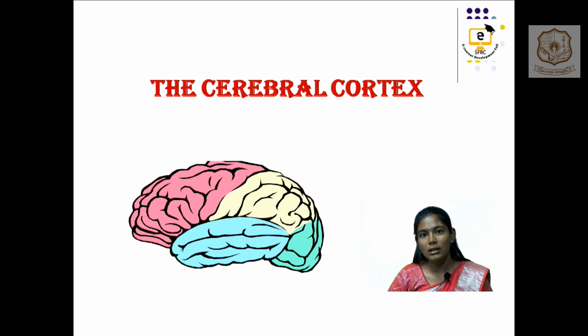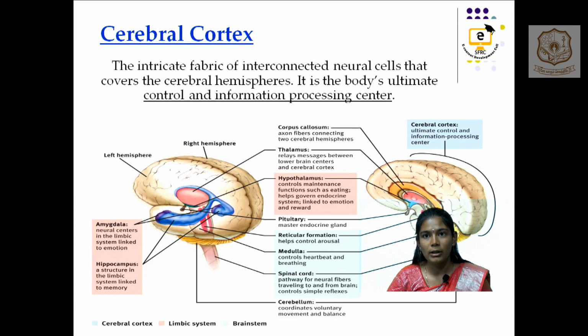Okay, so today we are going to discuss the cerebral cortex. This is the brain anatomy, or you can just have it as an outline of the cerebral cortex. Your cerebral cortex has four major structures: the frontal lobe, parietal lobe, occipital lobe, and temporal lobe.